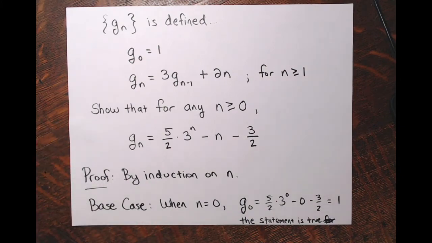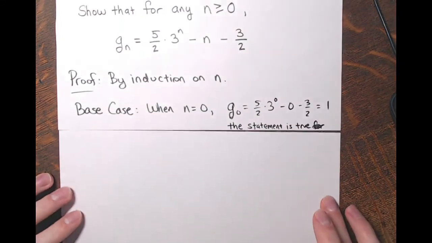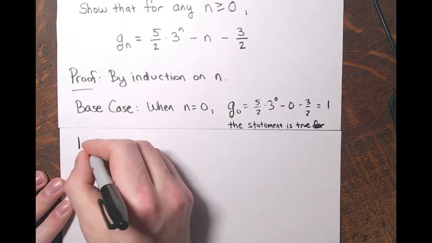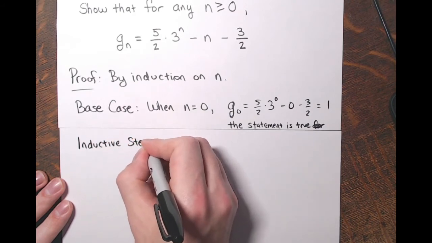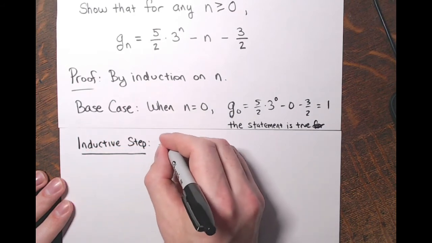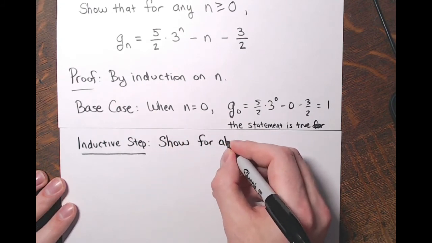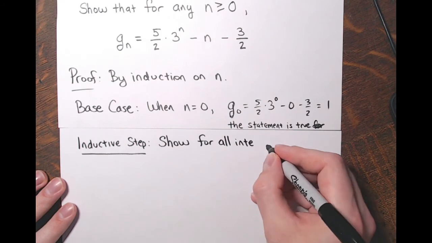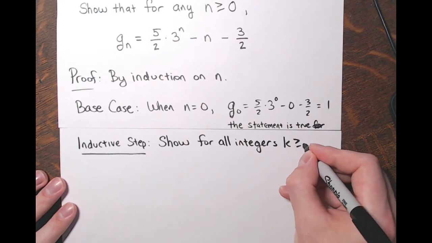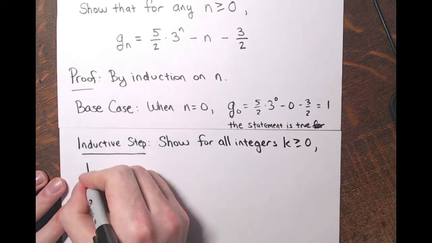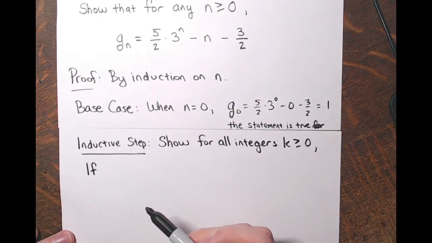Next comes our inductive step. So we're going to show that for all integers k greater than or equal to that base case value, for all integers k greater than or equal to 0, if this statement is true for k, right?